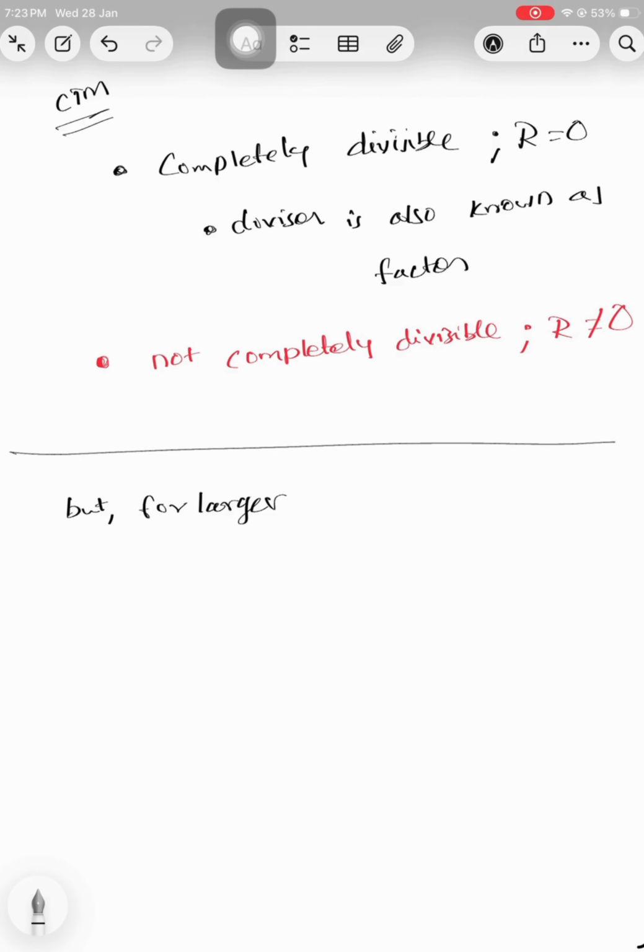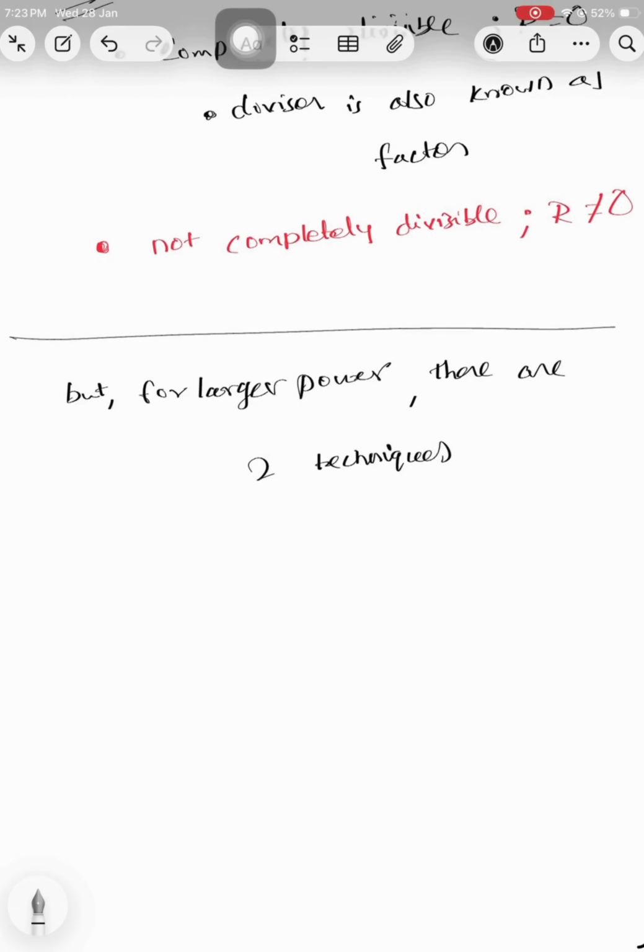And there are also 2 different techniques that can be used to find the remainders for a given ratio when the base number in the numerator has got a huge power. These 2 new techniques, by the way, are just techniques, not formulas. They are known as, first, cyclicity of remainders, and the second one is based on Euler's theorem.